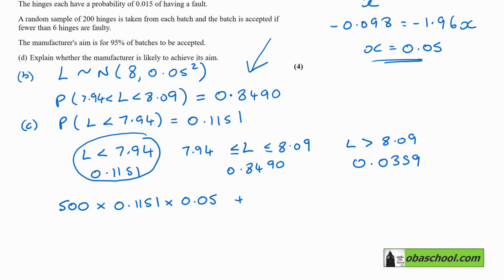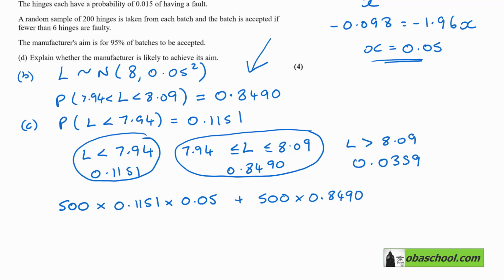Then we go to the next band. That's this band just here. So of the 500, multiply that by 0.8490, and that's how many of the 500 are in that band. And we'll multiply that by 0.5 because we can sell those for 50p.